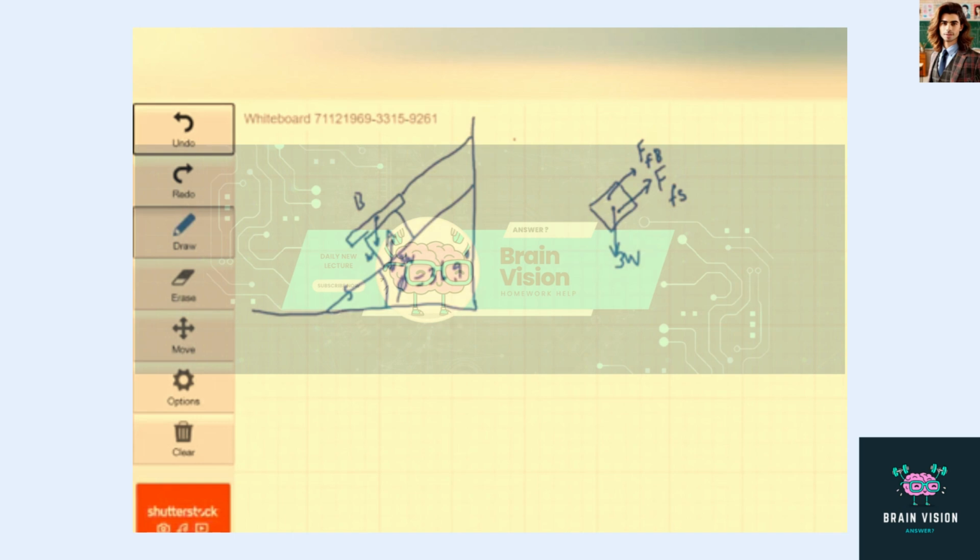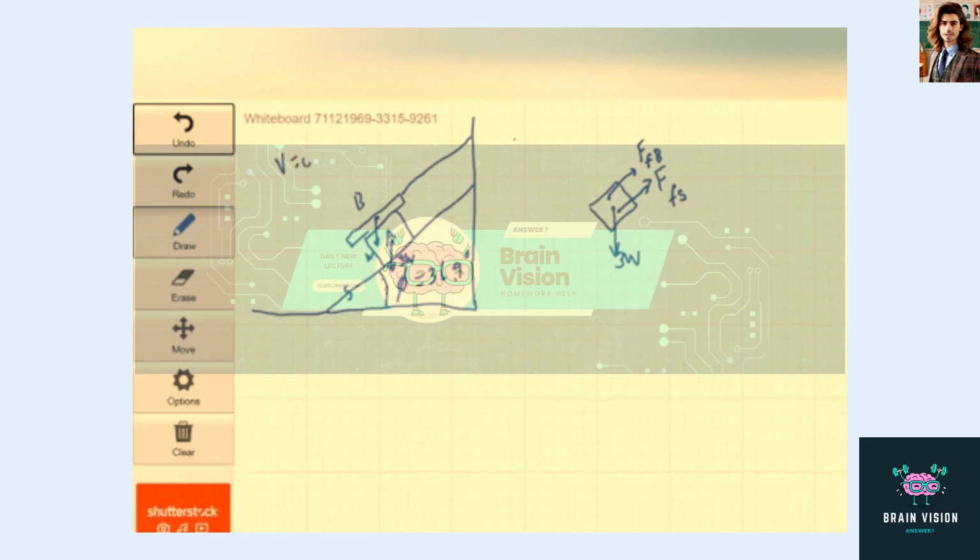Okay, the coefficient of friction is the same. Determine its value. It's sliding down at a constant speed, which I didn't notice that.